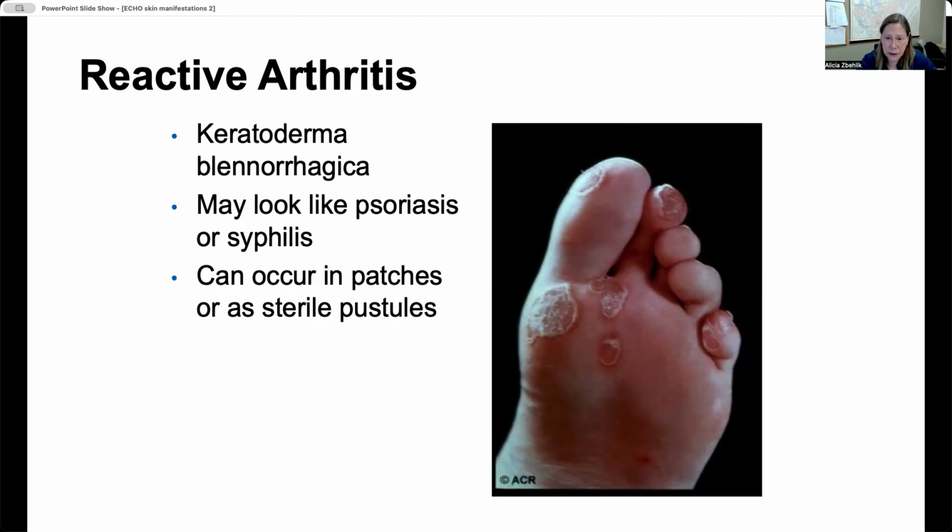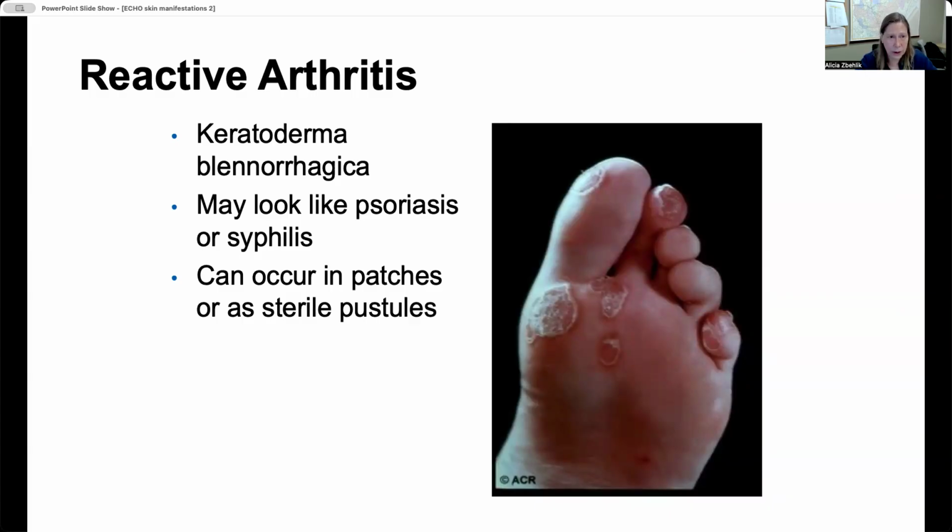And reactive arthritis. This, to me, is a mimic of psoriasis, but it is keratoderma blennorrhagicum, and it goes along with reactive arthritis. So people who have had an infection and then develop usually lower extremity predominant polyarthritis, and then they get this kind of classic rash on their feet.